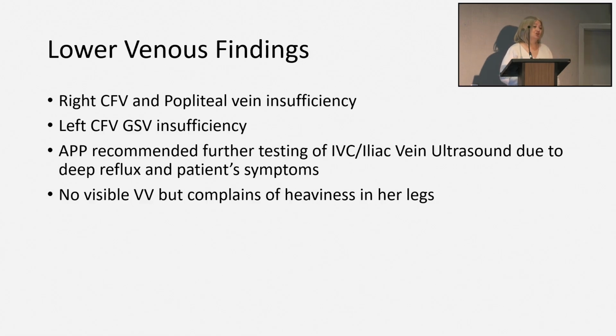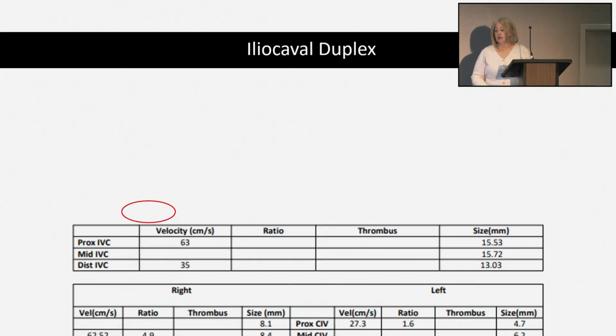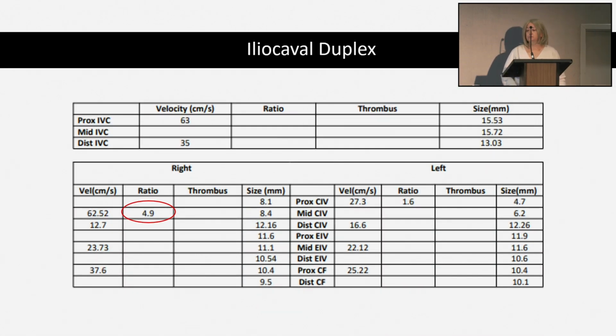We have since changed our protocol, and they pretty much order both tests when they have a C3 score now, with a BMI of less than 45. No visible varicose veins, but she did complain of heaviness in her legs. So we did the iliocaval duplex, and this is what we found.